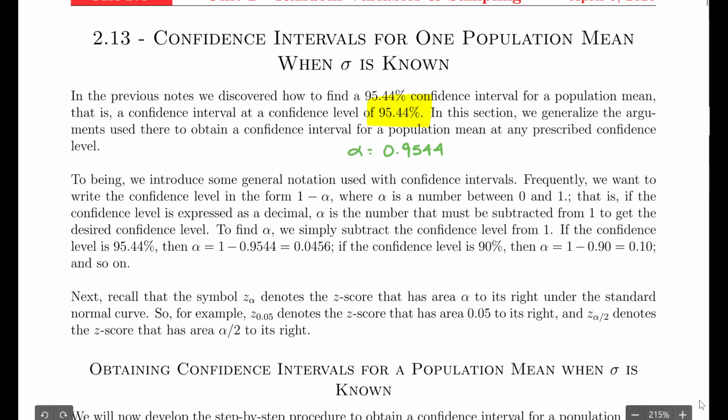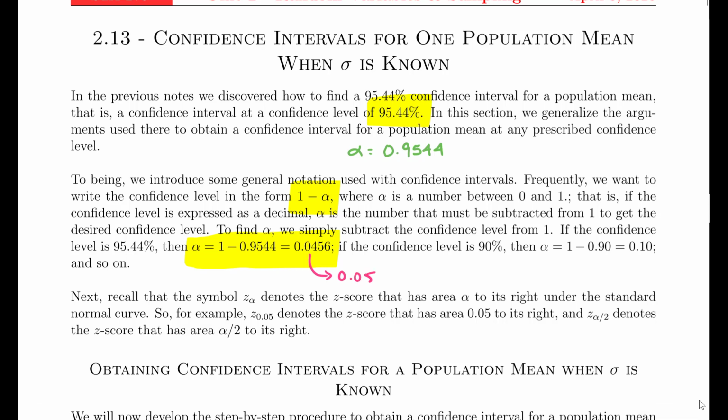When we want to find the confidence level, it's simply the form 1 minus alpha, where alpha is going to be some number between 0 and 1. We take our confidence level and subtract it from 1. In this case, we would get 0.0456, which is roughly, we'll say 0.05 for the sake of computation.